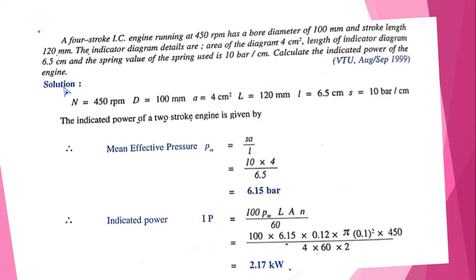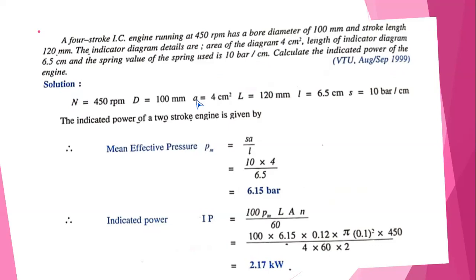That is, the crankshaft of the engine is running at speed N equal to 450 rpm. The bore diameter D equal to 100 millimeter, and that is the indicator diagram.